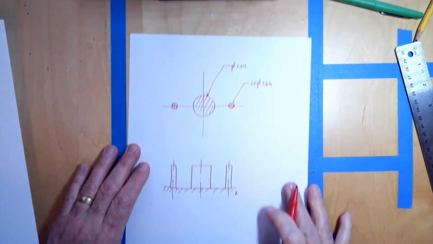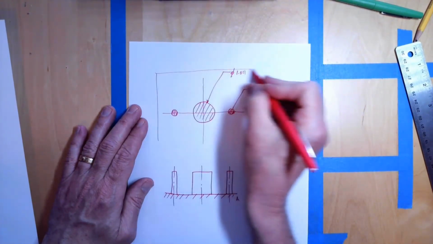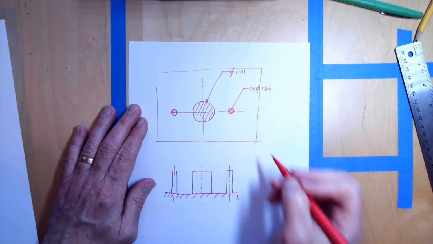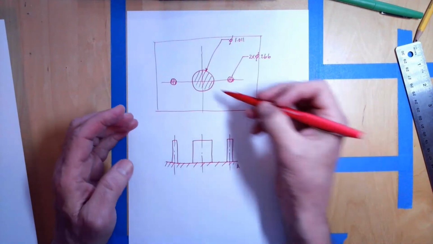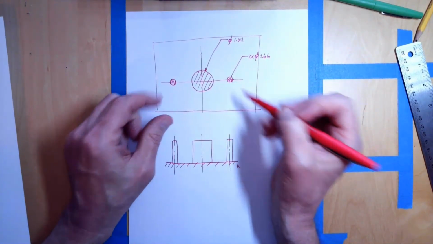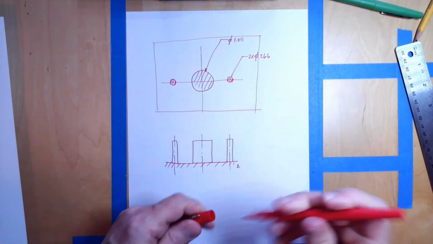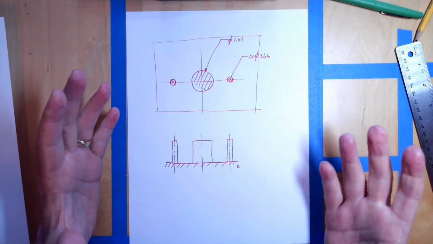All right, so there is my functional gauge. So you can think of it as basically 3 pins, a large pin in the middle with 2 smaller pins on the outside, and our job then is to check to see if the part is a good part or not.